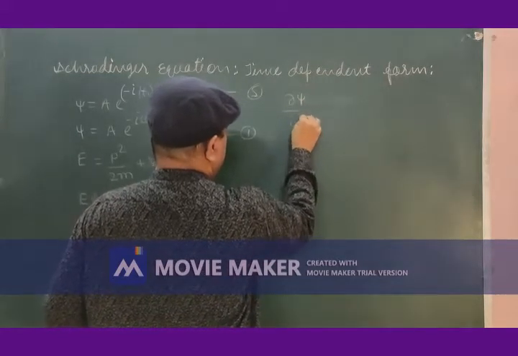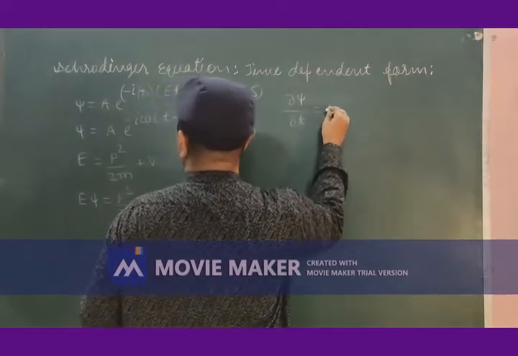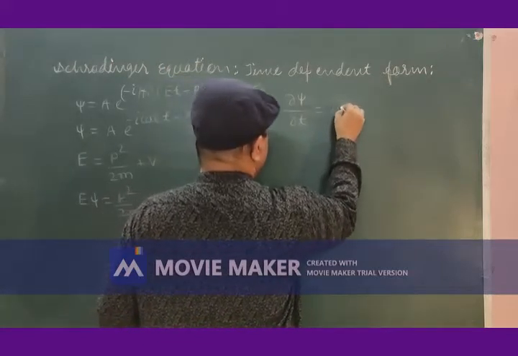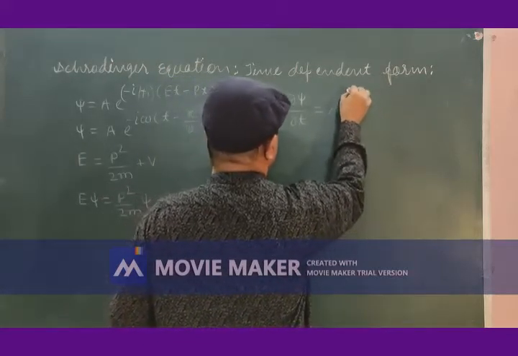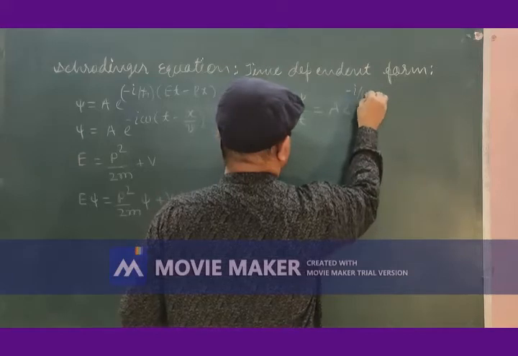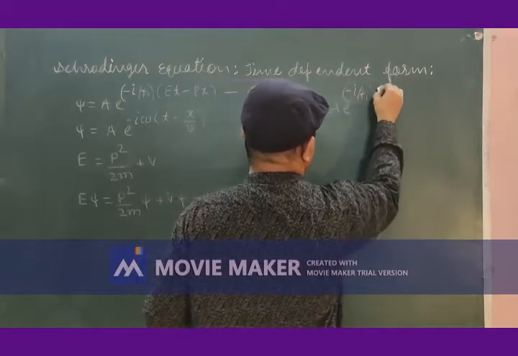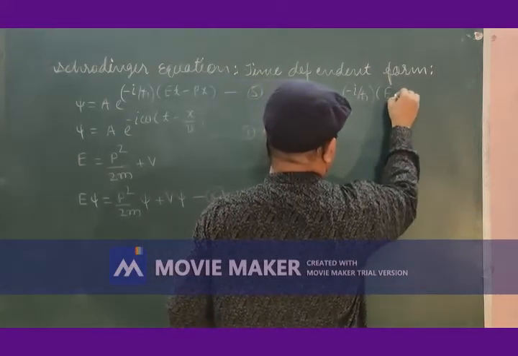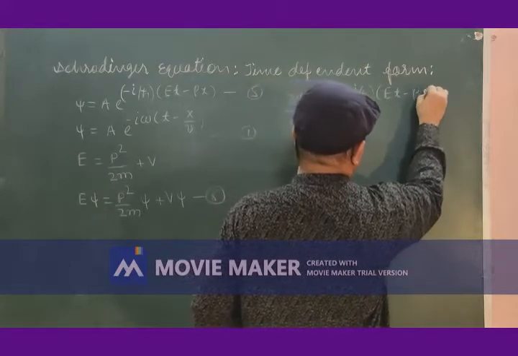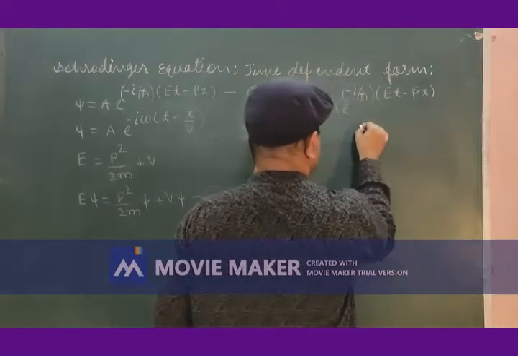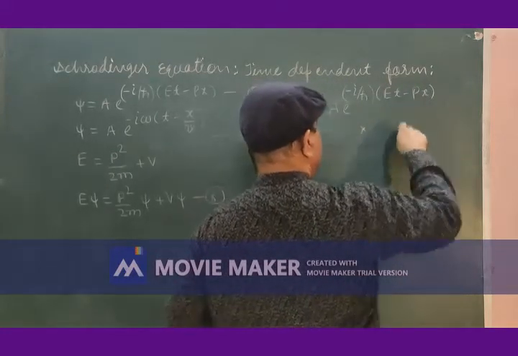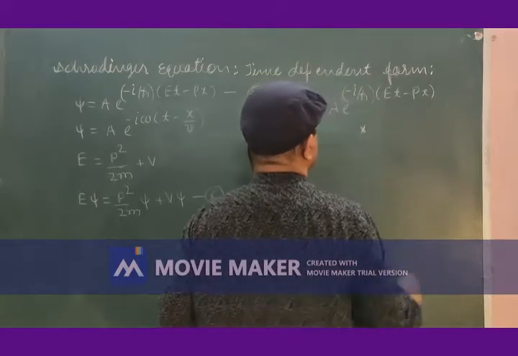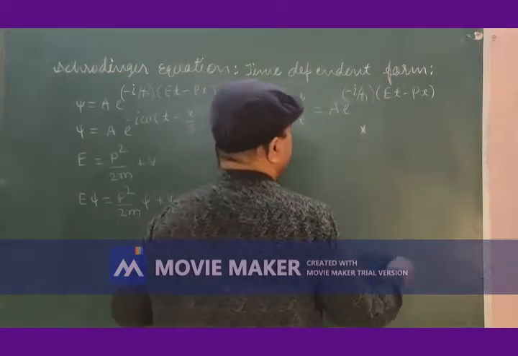To get dou psi by dou t is equal to a into e to the power minus i divided by h cross into (Et minus px), into the differentiation of the exponent with respect to t.